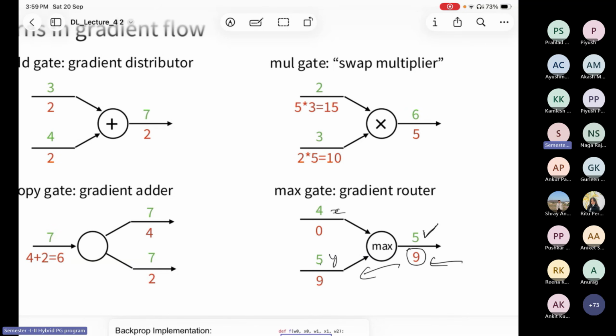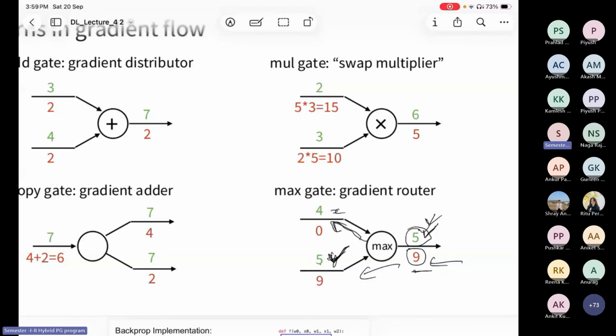Now what will be the local gradient? Now the local gradient on this side, since this is not the maximum value, that means it is not helping you to get this output. So for this side, your gradient will be 0. Okay, because this part is not getting involved, because it's not giving you the output. Your output is coming from this side. So only this part is involved.